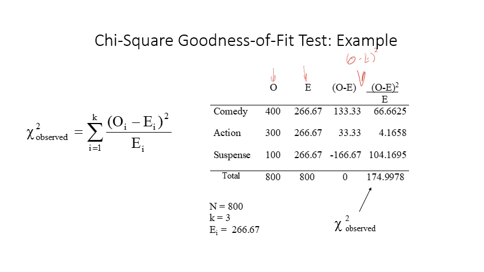You see they're all the same from the previous slide for expected. You take observed minus expected, you square it, you divide back by the expected for that column, and you sum those and you get your chi-square value, which is a very large number, 174.9978. That's because our n is 800. It's very easy to get a significant chi-square, especially when you've got much larger sample sizes.